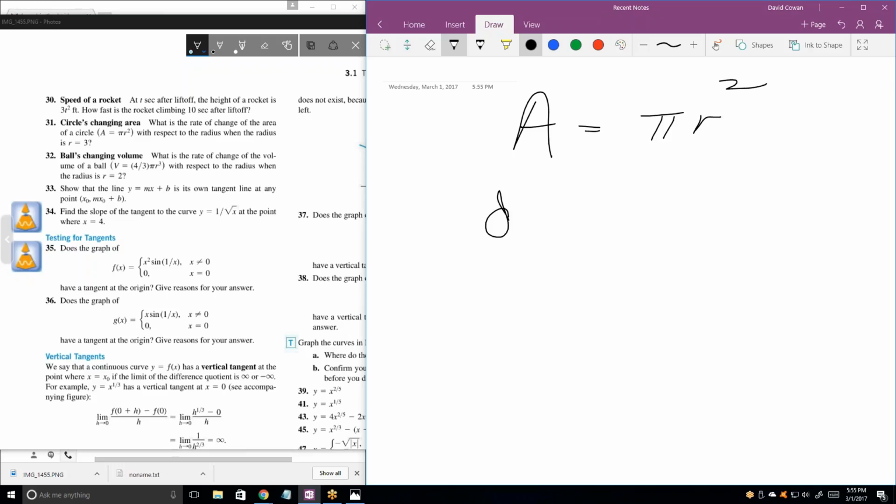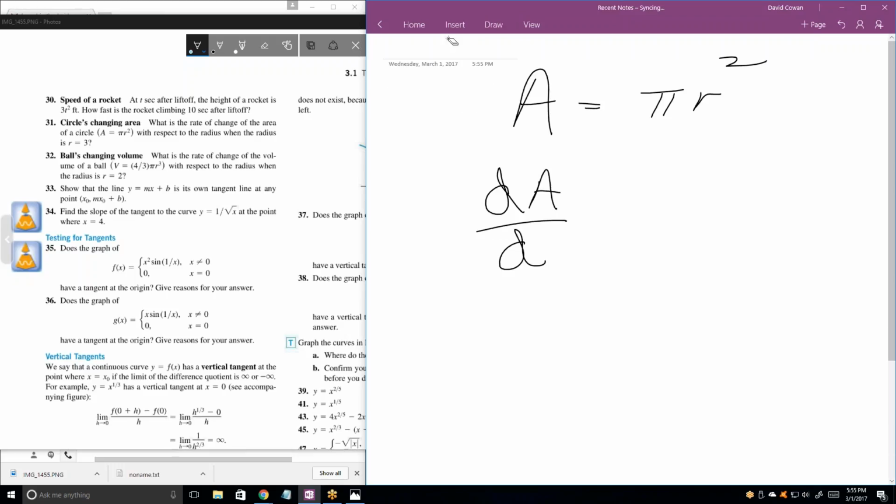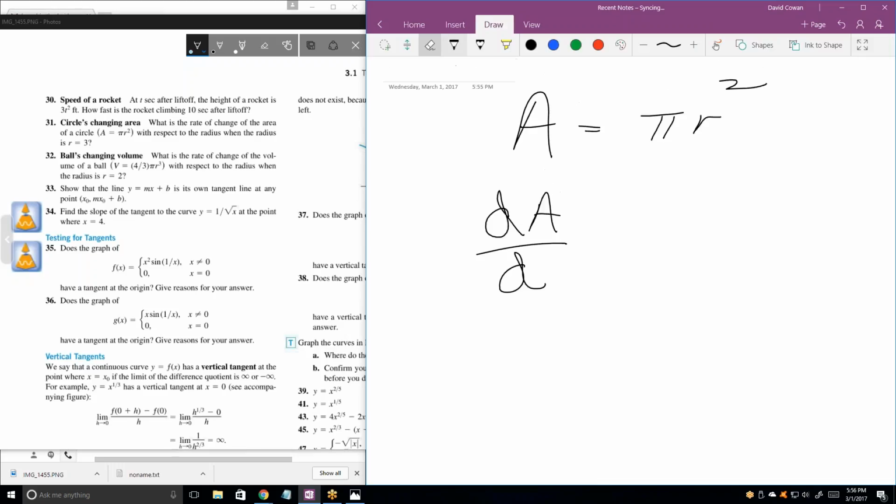Well, that means dA dr. dA dr means the rate of change of the area with respect to the radius. You see why that would mean that? And then tell me what dA dr is.